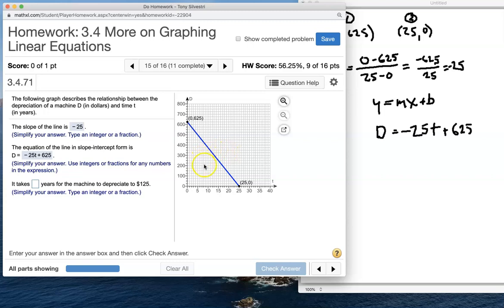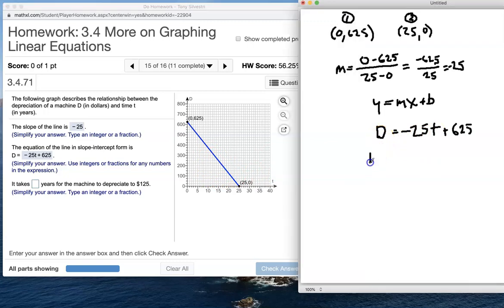What they want you to do is plug in 125 for the value here and negative 25t, solve for t in this equation. That'll tell you the number of years it takes for this thing to go down to this value. So I'm going to subtract 625 from both sides.